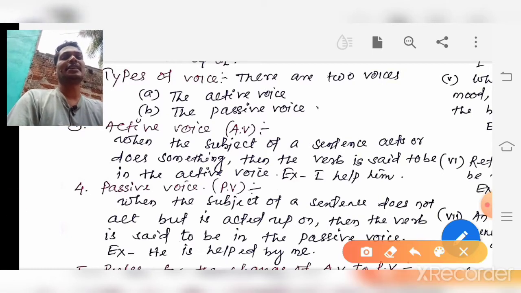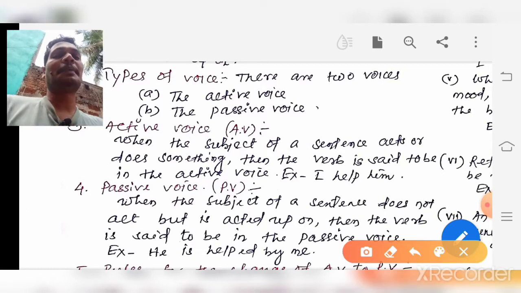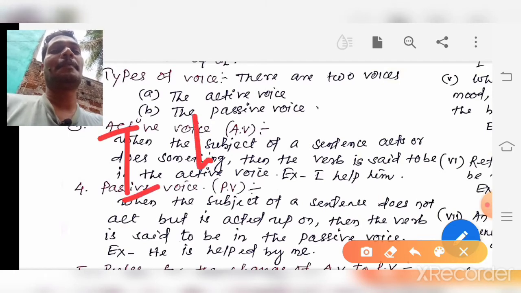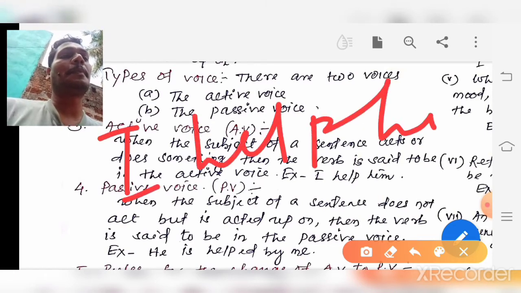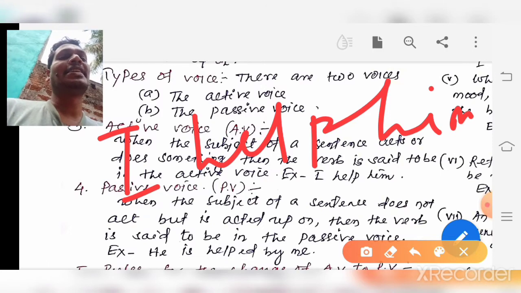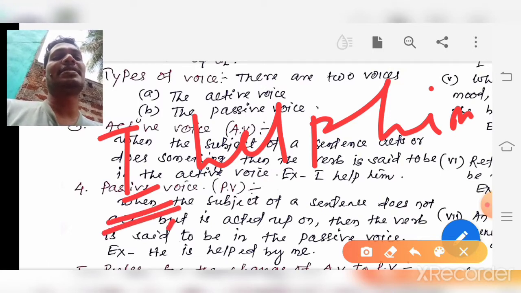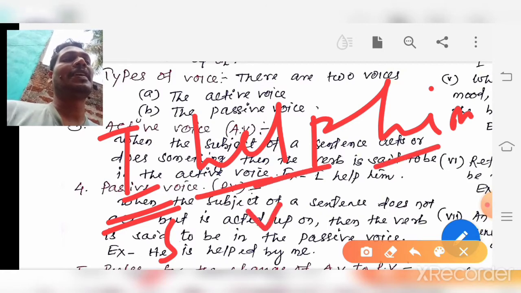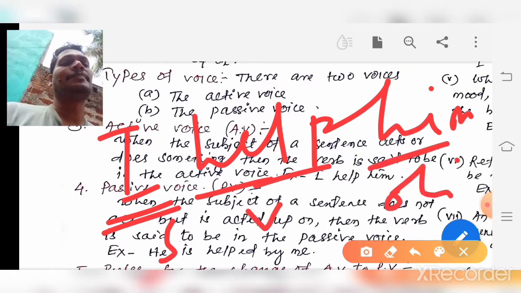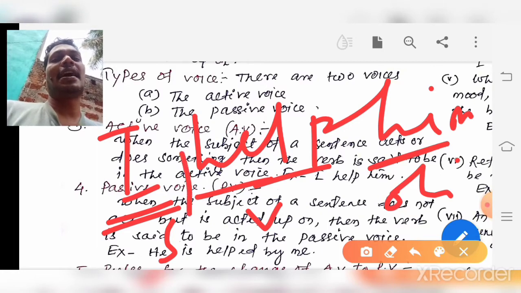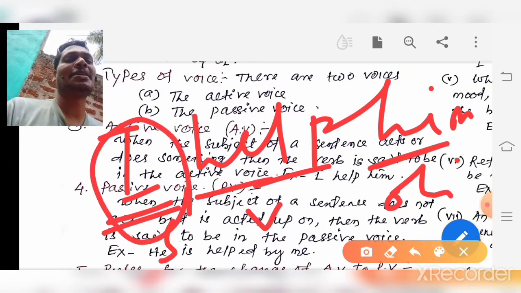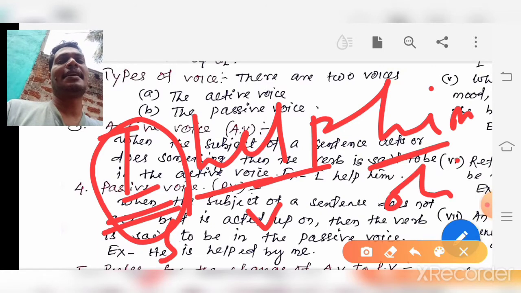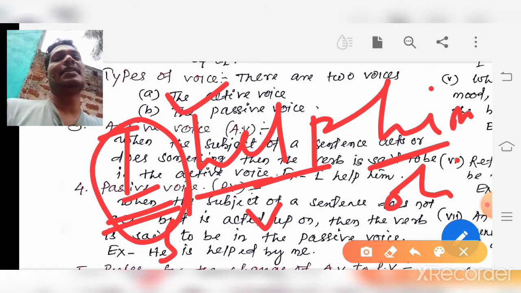For example, I helped him. In the sentence, I is the subject, helped is the verb, him is the object. So in this sentence, I, the subject, does something majorly. So we can tell this is an active voice.